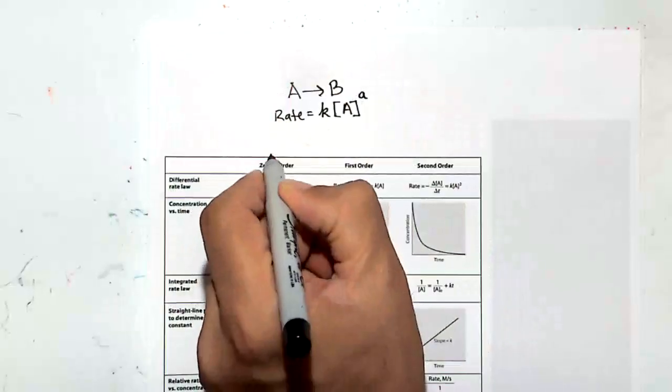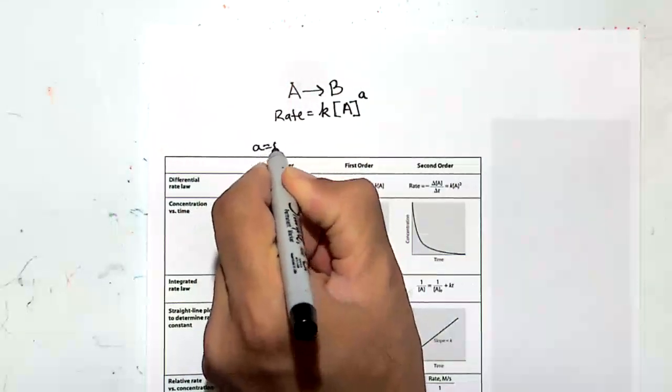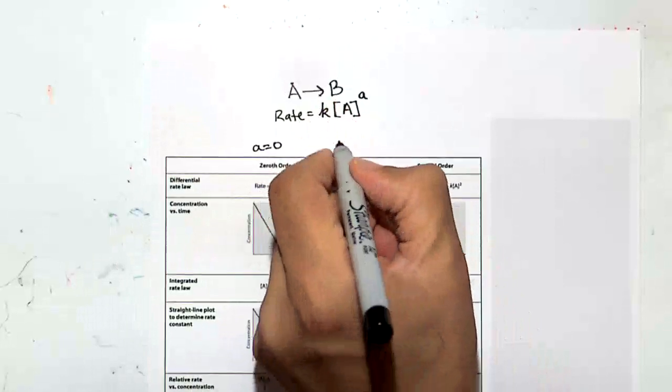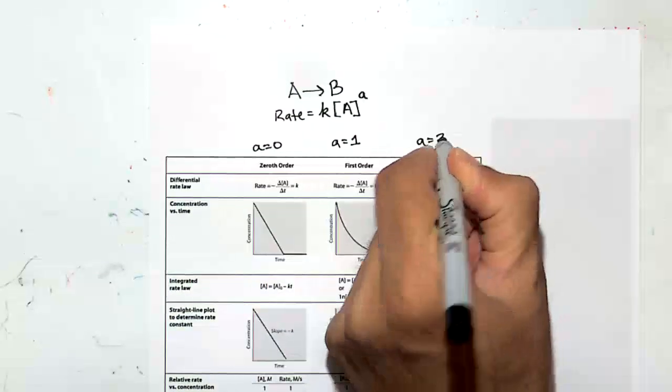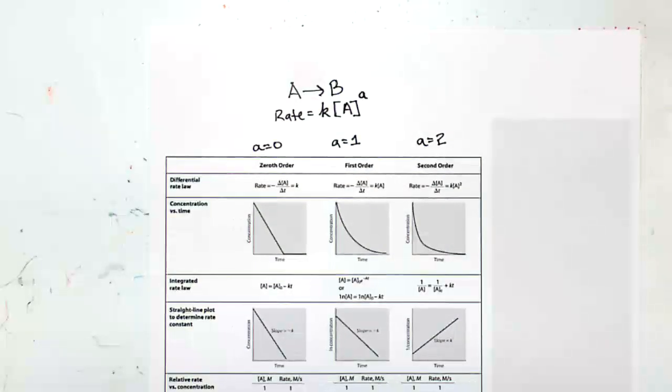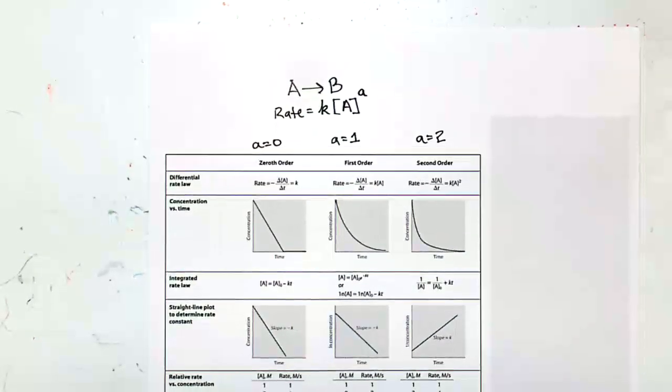So this order of decay can be zero order. It can be first order, or it can be second order.